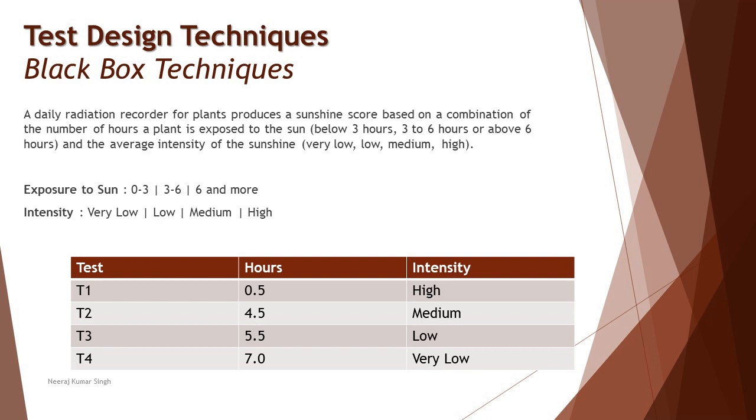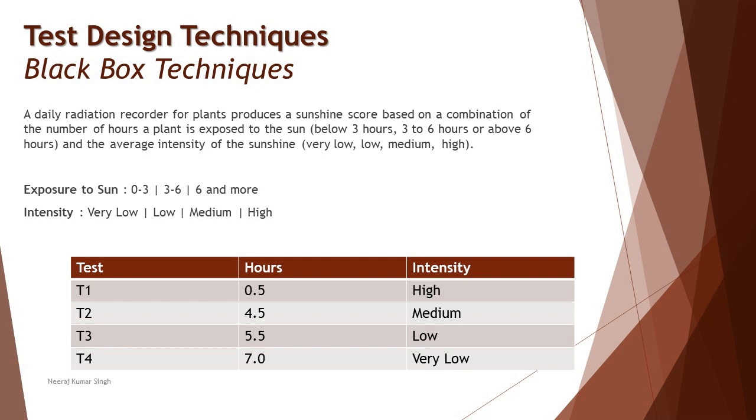So test one covers 0.5, which is in my first range of exposure to sun, with intensity covered as high. So the 0 to 3 range is covered in parallel with high as the intensity; these 2 items are covered with one test. The second test is 4.5, getting into the second range of sunshine, 3 to 6, and intensity is medium, so medium is also covered.